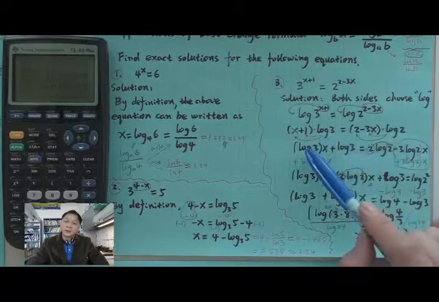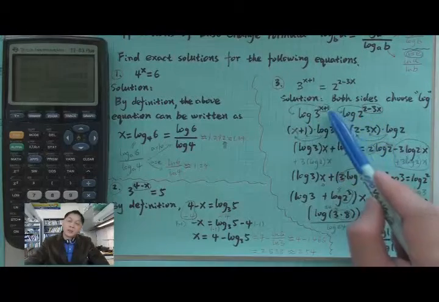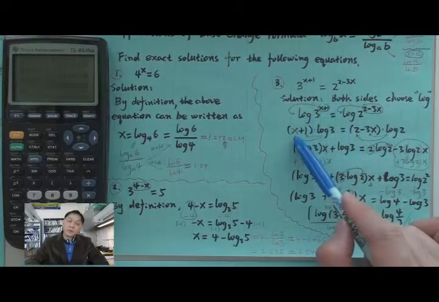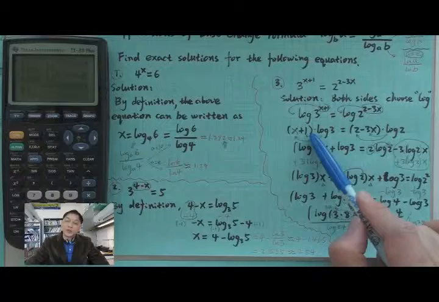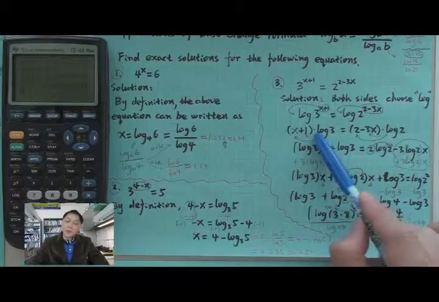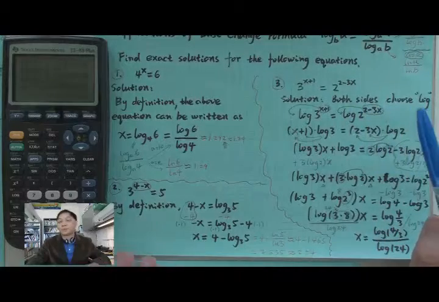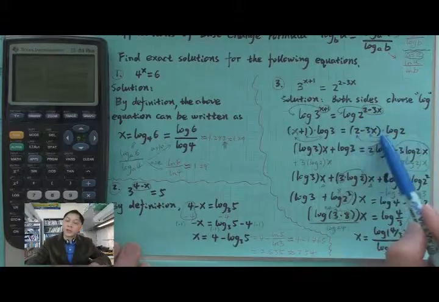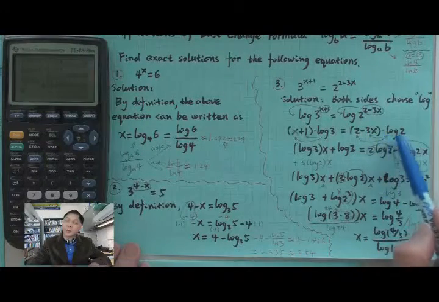Now, if you choose log on both sides, then you can take the exponent down to the front. That's x plus 1 times log base 3. Take this 2 minus 3x down to the front. That's 2 minus 3x times log base 2.